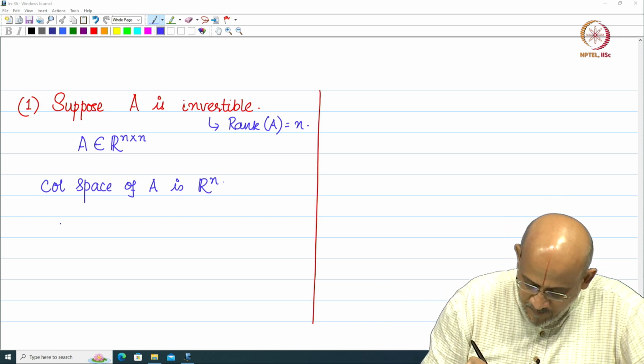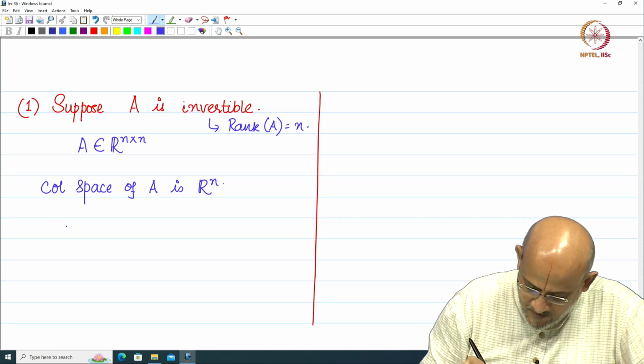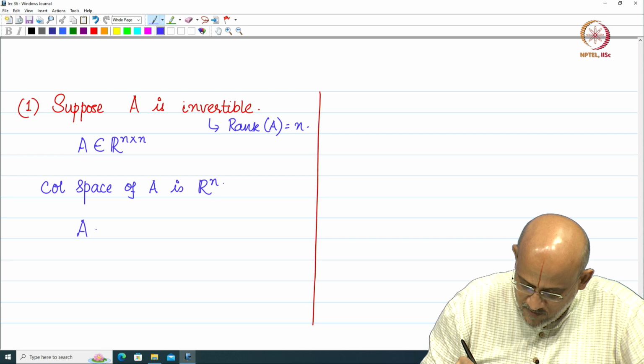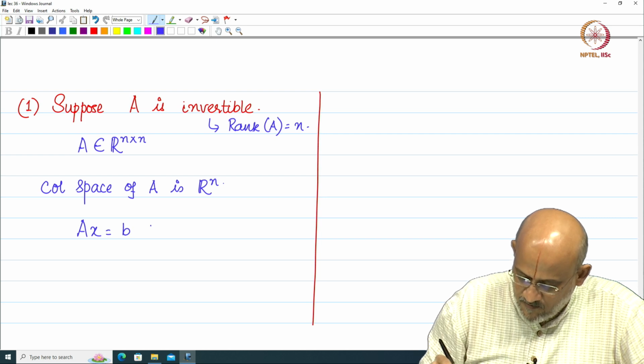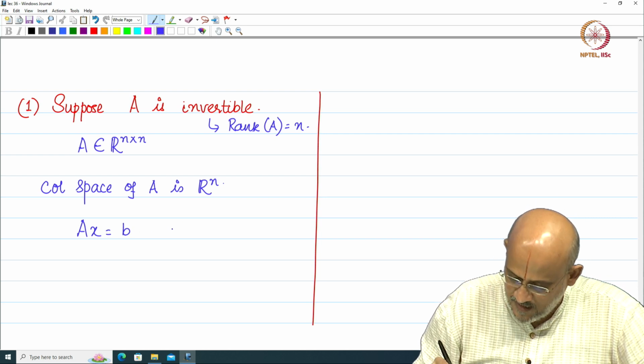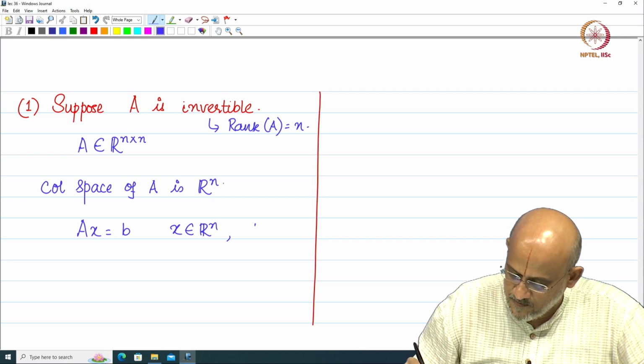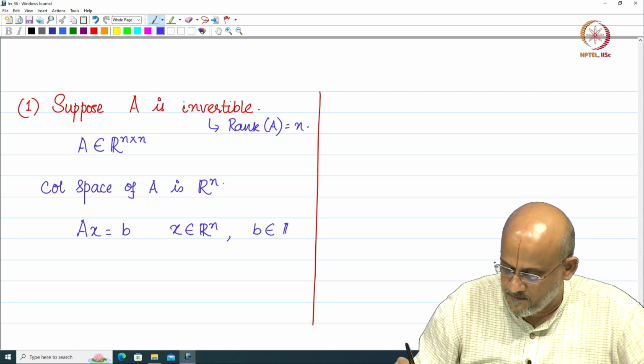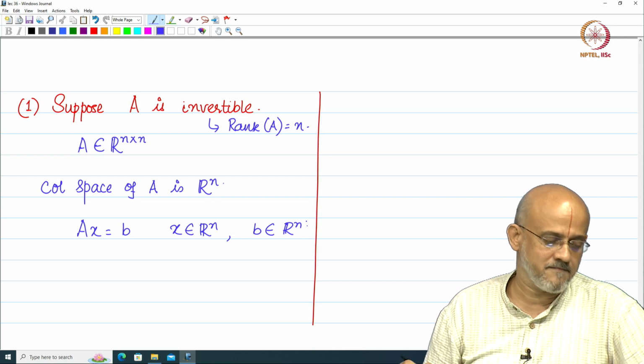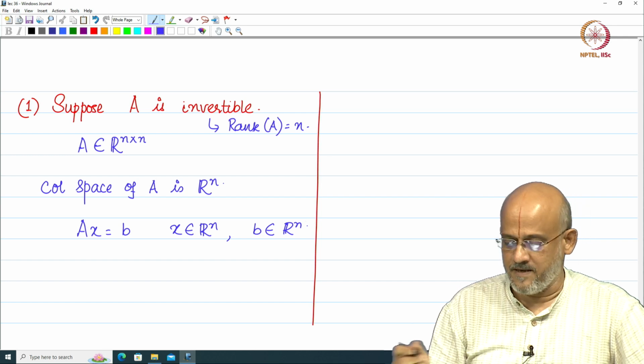What do we mean by this? We say that x is an n component vector and the resultant vector B that you get is also an n component vector, say Rn, right, both of them are in Rn.